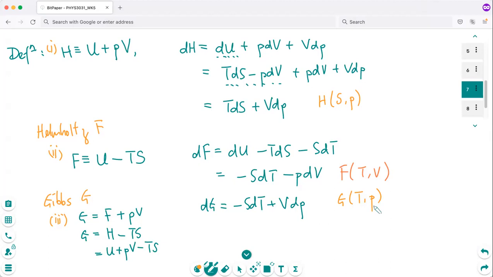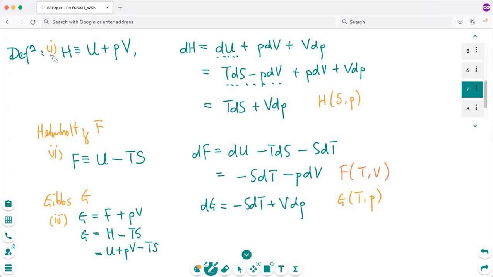We take the water to the mountain and we try to boil it, the boiling point will be different. Okay, and there's a phase boundary that depends on the pressure and temperature. And therefore, we can draw some kind of phase diagram on the plane of temperature and pressure. And there, it will be most natural to use a Gibbs function to describe the situation. And that is exactly what we are going to do when we discuss phase transition.